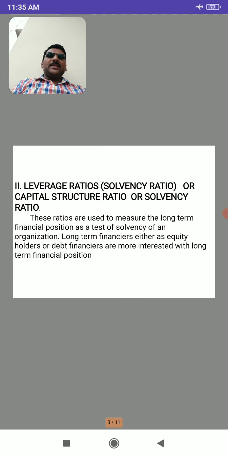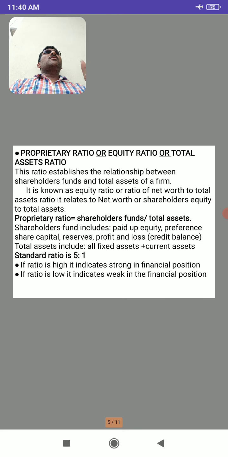Shareholders fund includes paid up equity capital. Paid up capital means equity share capital, then preference share capital, reserves, and profit and loss credit balance. These are the 4 important terms. The sum total of these 4 terms is known as the shareholders fund.